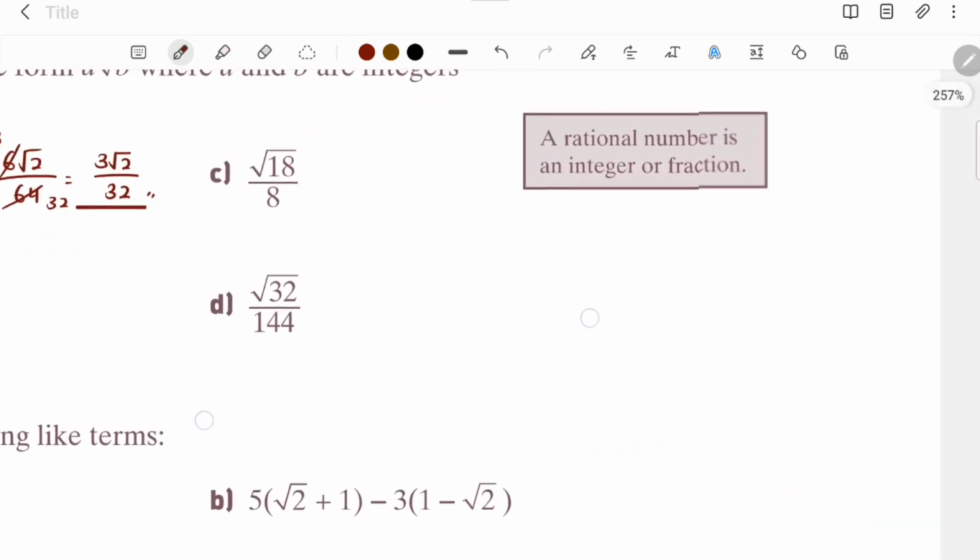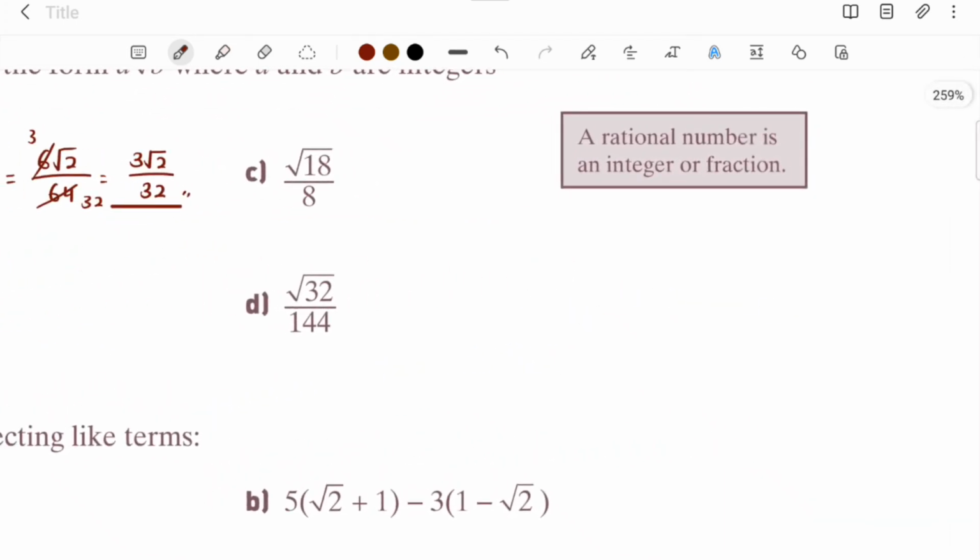So let's see for C. Okay, this one should be 18.